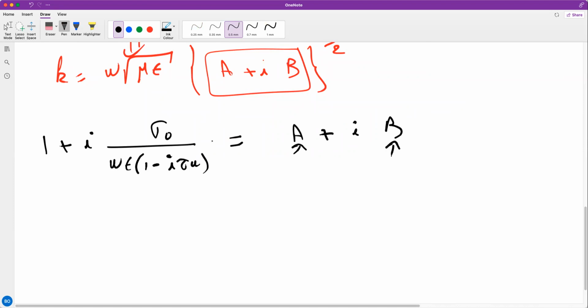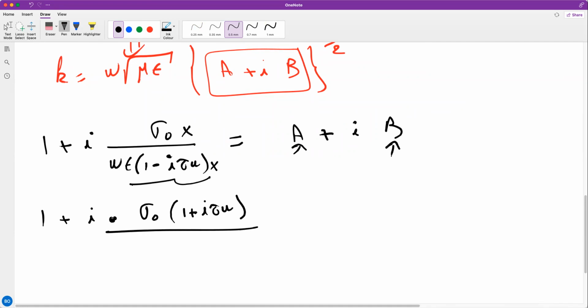Well, the only thing that I can do is to multiply by the complex conjugate of this guy, here and here. So this will give me (1 plus i sigma 0)(1 plus i tau omega) over omega epsilon. Remember, i is multiplication everywhere.